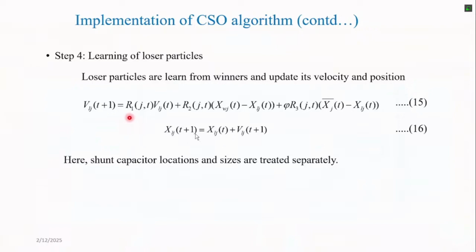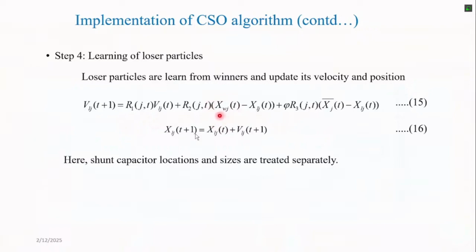These random variable values are usually randomly generated in the range of 0 to 1. As it is a randomly generated value, that's why it is a stochastic algorithm, and it will update its velocity based on whatever the winner's position was.